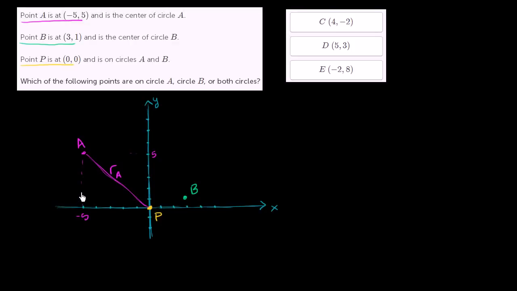You could use the distance formula, but what we'll see is that the distance formula is really just falling out of the Pythagorean theorem. So the distance formula tells us the radius right over here, this is just the distance between those 2 points. So the distance between those 2 points squared is going to be equal to our change in x values between A and P. So our change in x values, we could write it as negative 5 minus 0 squared.